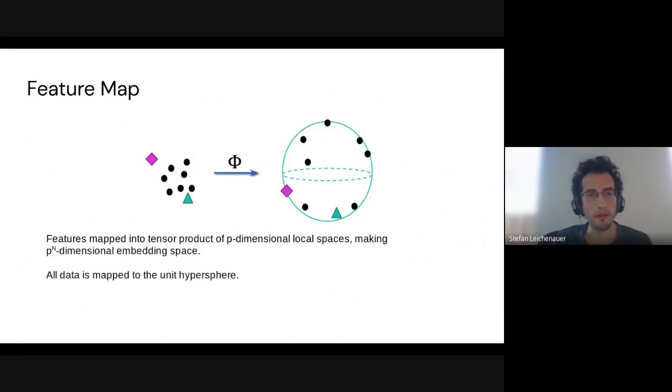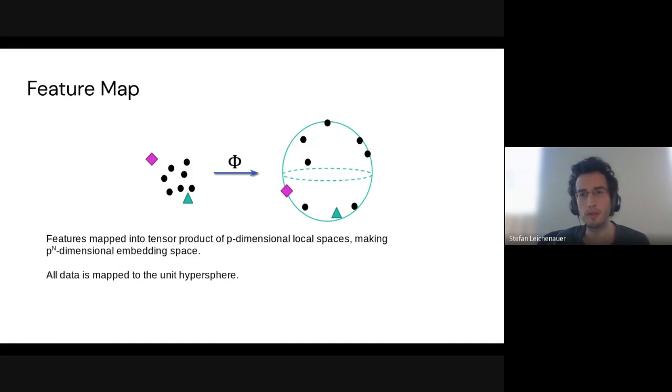The other thing about this feature map is, as indicated previously, ultimately it's the magnitude of the data point in the vector space which is going to be important in deciding anomalies versus non-anomalies. So we begin at the level of the feature map without treating data points differently as far as magnitude goes. Our feature map takes us into the hypersphere in the very high dimensional embedding space. Okay, so all data points are treated equally.